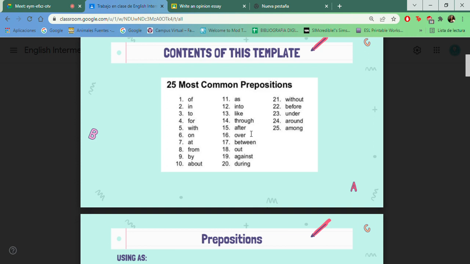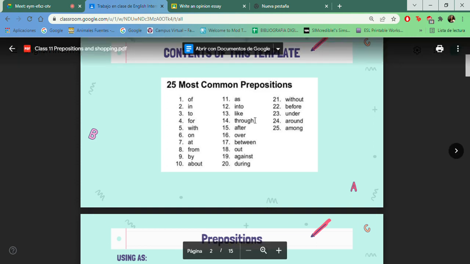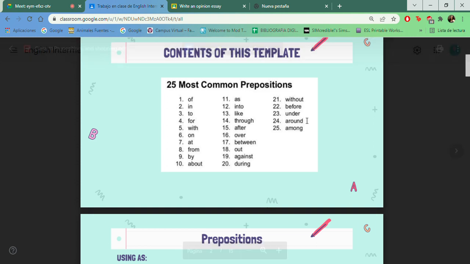Through, after, over, between, out, against, during, without, before. Well, before and after are prepositions, of course. Under, around, and among. So here we have the most common prepositions.